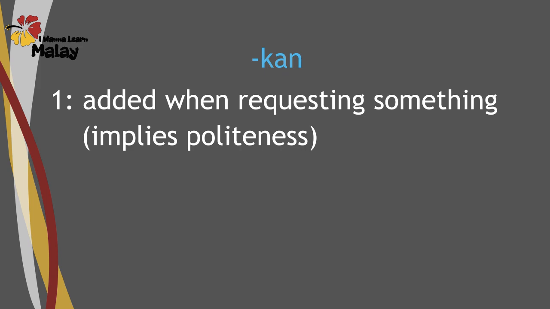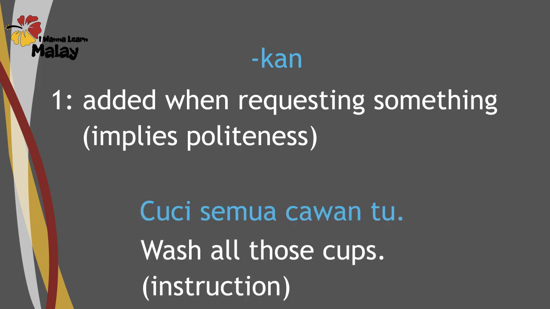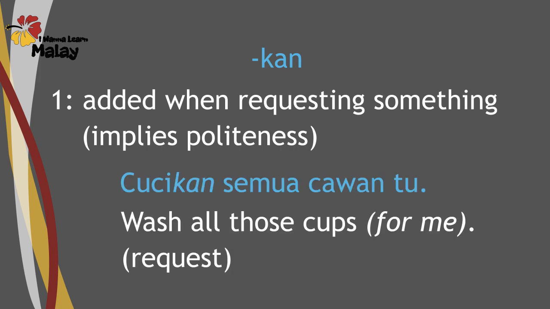The word cuci, for example, means to wash. If you tell someone, cuci semua cawan tu, that's a form of instruction. You're instructing the other person to wash all those cups. But if you add kan at the back of cuci, the tone of the sentence becomes a polite request as opposed to an instruction.